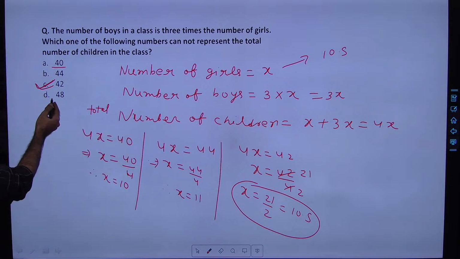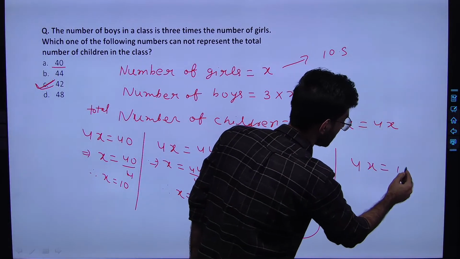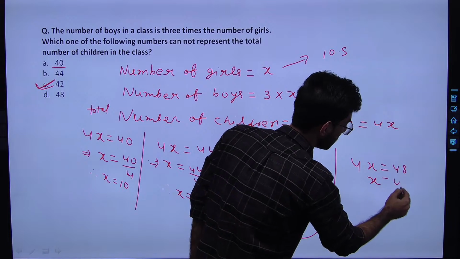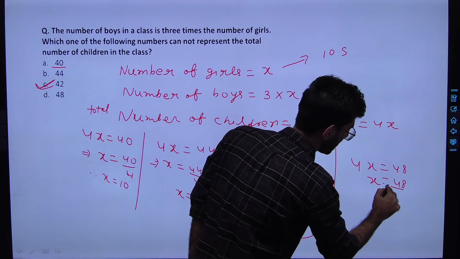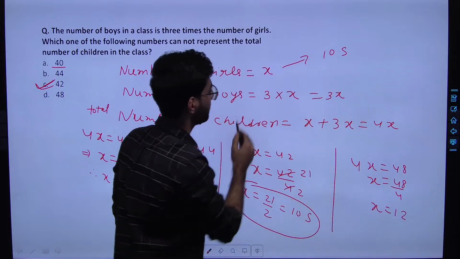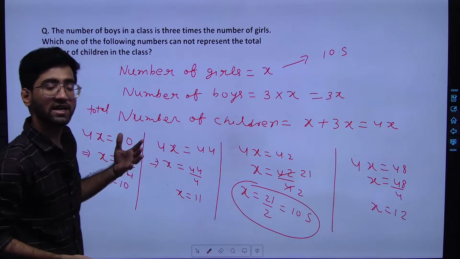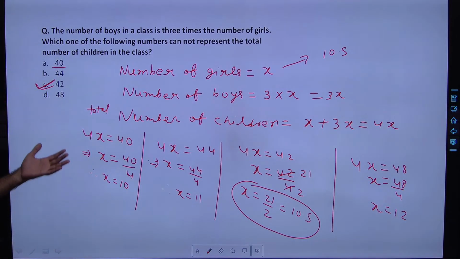See, even if you deal with option D, 48 means 4x equal to 48, means x equal to 48 by 4, right? So x equal to 12. Yeah, 12 is the number of girls and 36 is the number of boys. Means option D can be the total number of children in the class, right? So option C is the correct answer, right? Any doubt?